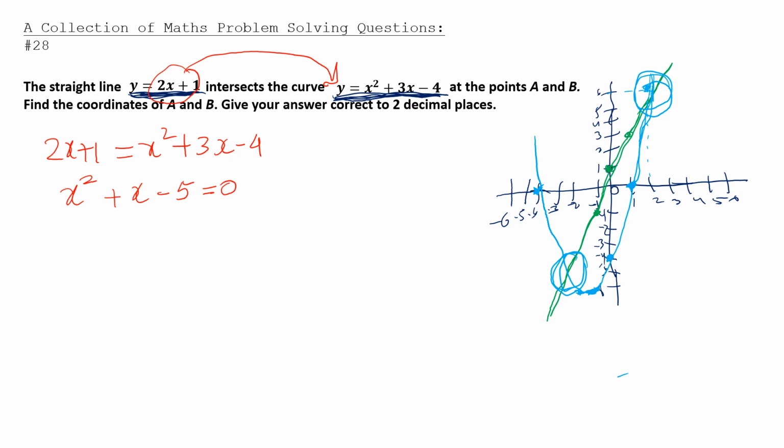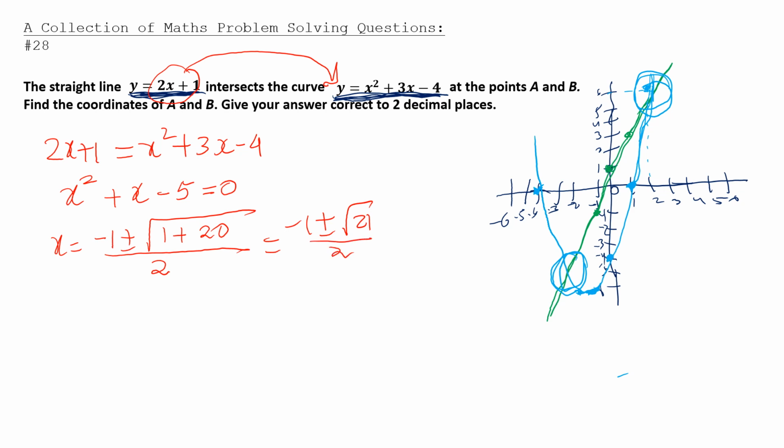So then x equals minus b, which is 1, plus minus square root of b squared minus 4ac, that is 4 times 5 is 20, divided by 2a, which is 2. So that gives me minus 1 plus minus square root of 21, divided by 2.